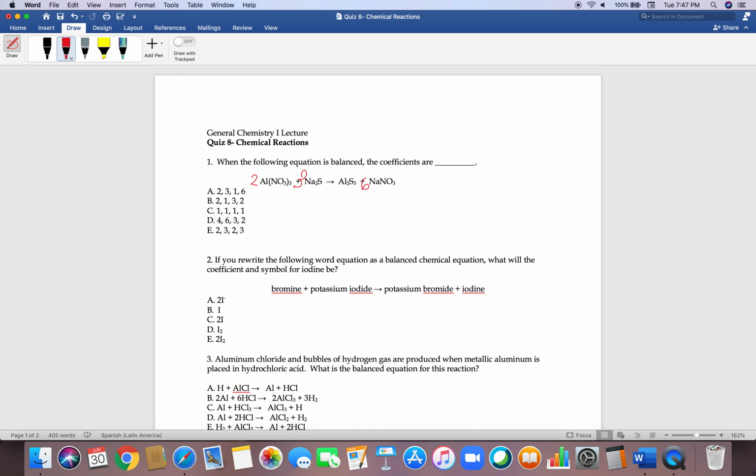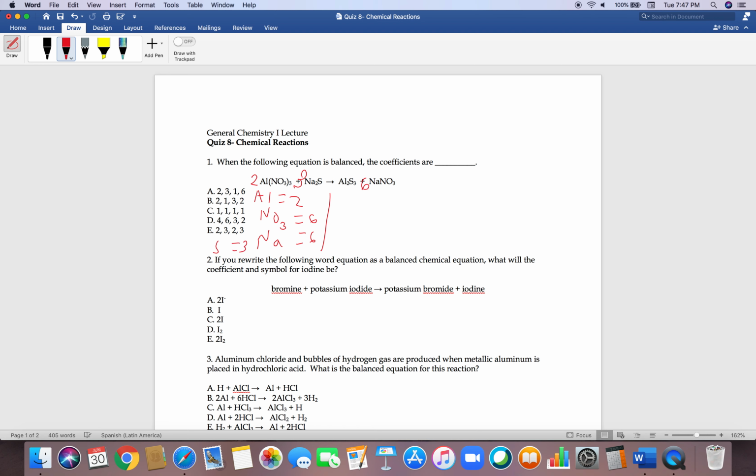So now if we count the atoms on each side, I have 2 aluminum, I have 6 nitrate, I have 6 sodium, and I have 3 sulfur.